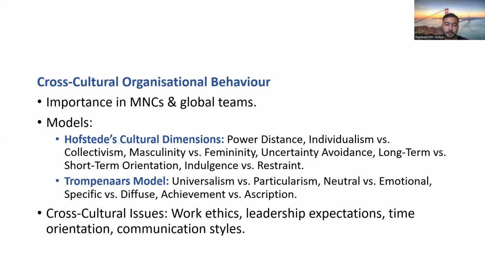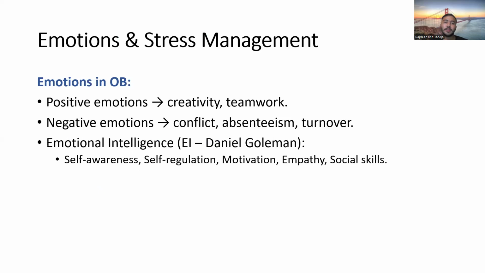And the Trompenaars model focuses on universalism versus particularism, neutral versus emotional, specific versus diffuse, and achievement versus ascription. So these are the models in cross-cultural organizational behavior. And what are the issues in cross-cultural organizations? Work ethics is an issue, leadership expectation is an issue, time orientation is an issue, and communication style is an issue.